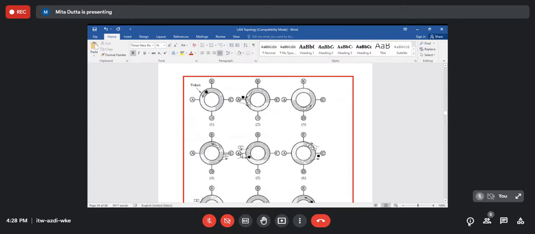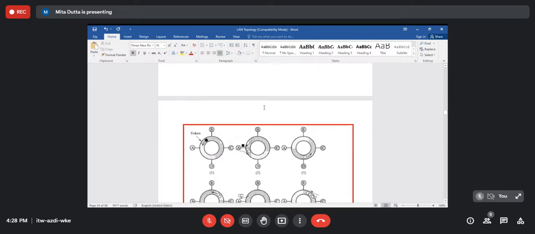And early token release means as soon as the data packet is sent, the token is released by the station. Then the other station can seize the token and transmit its information. So by early token release, we are able to send more than one piece of information at the same time on a ring LAN.